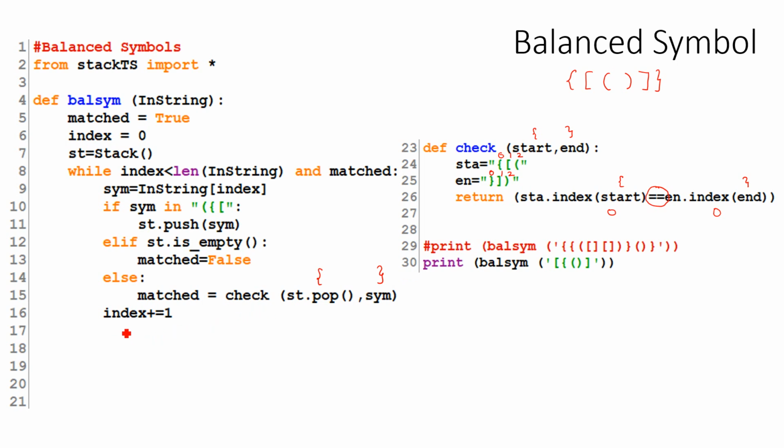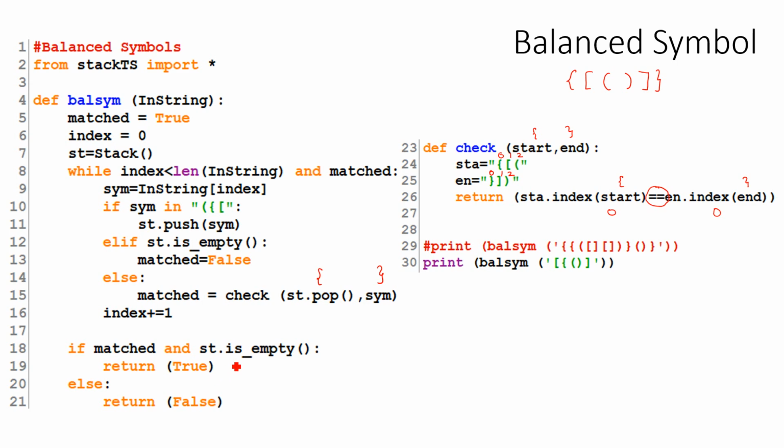Then to complete the loop, every time the index will be incremented by 1. Finally, we come to the conclusion after doing the pushing and popping operations and checking the type. At the end of the loop, if the stack is empty and match is also true, then we set the output as true.